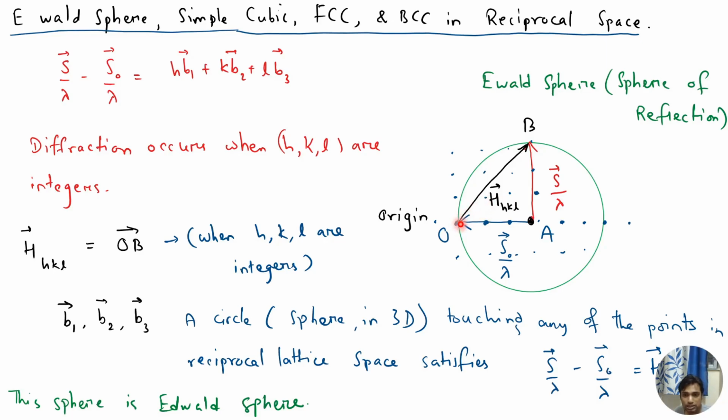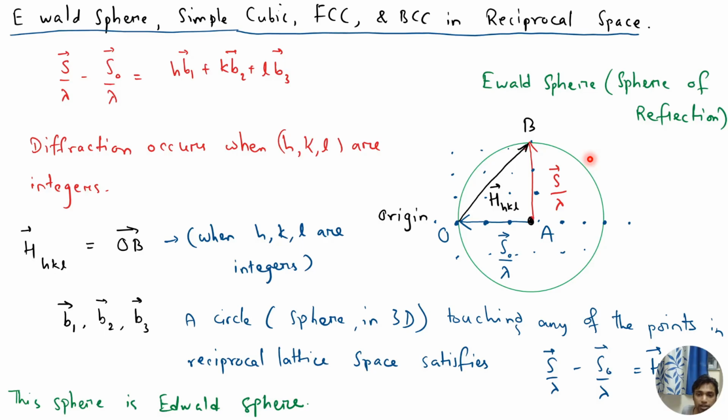Now you see these points, this point O and this point B, lie on a circle when we look in 2 dimensions, but in 3 dimensions it will be a sphere, and that sphere would be intersecting a certain number of points.